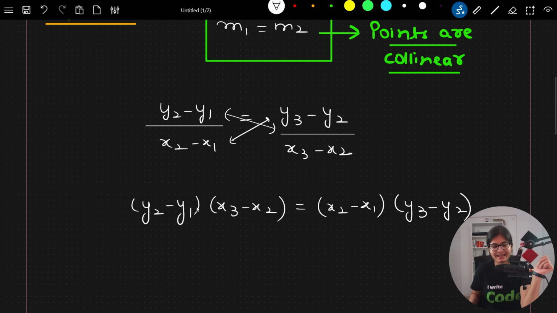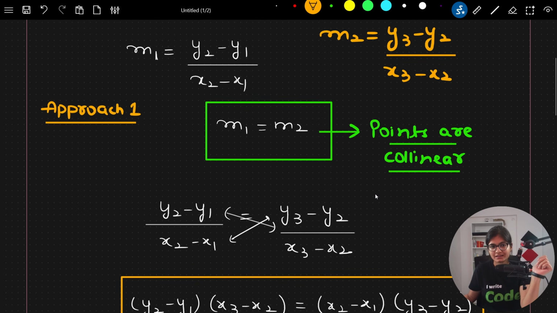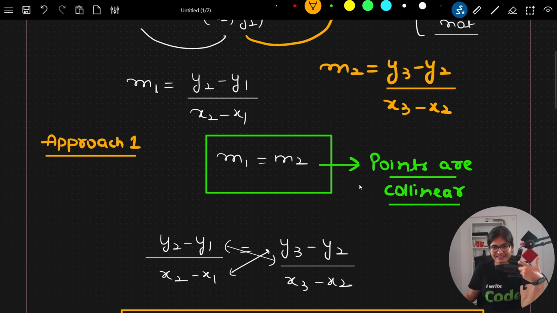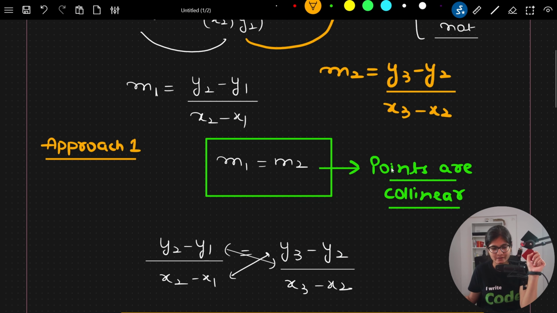In this way, you get a perfect condition for the points to be collinear. This is approach number 1 which you can suggest to the interviewer. I will obviously write the implementation also, but let's first understand the approaches.